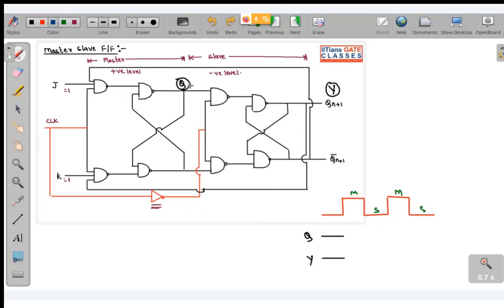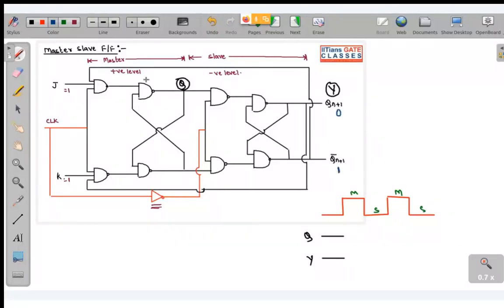So let us assume this Q is actually 0. If this is 0, how are you going to start the circuit? Q0, Y0. First case I am showing. If Y is equal to 0, then this is 0, this will be 1.